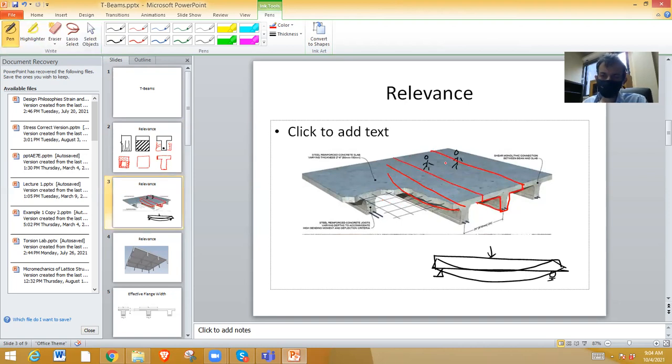If I were to only consider this rectangular part, then my analysis is very uneconomical and not even correct. So it will act as a T-beam.